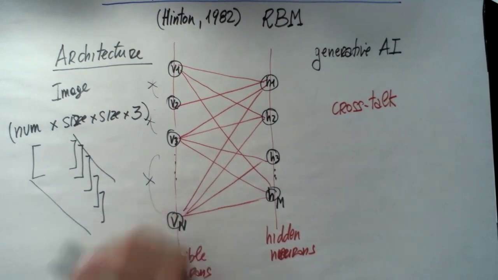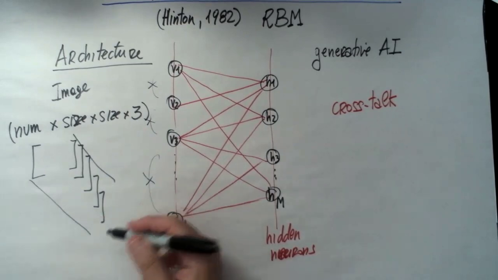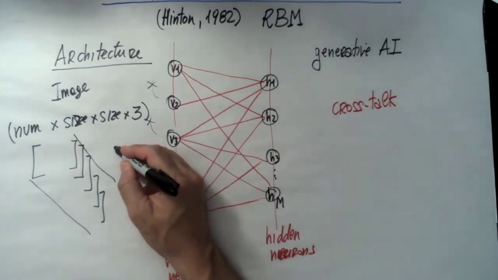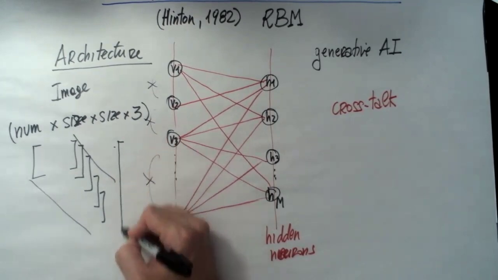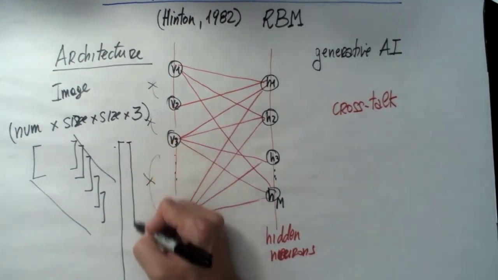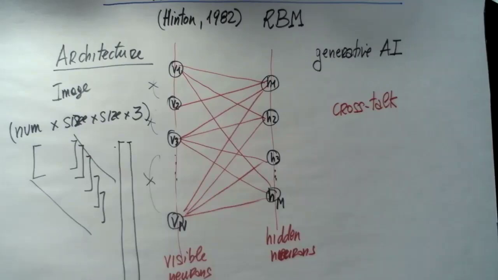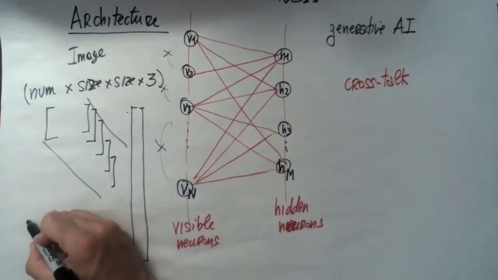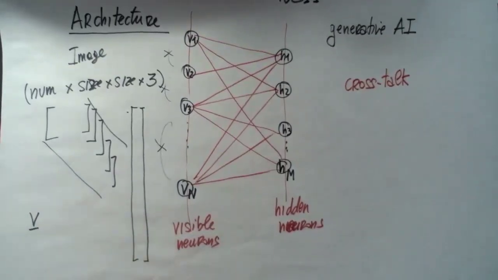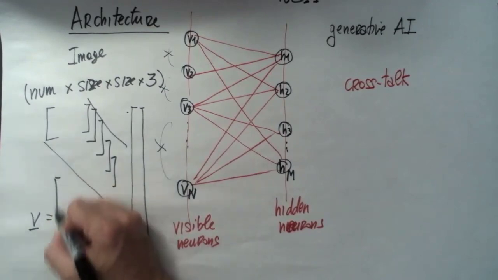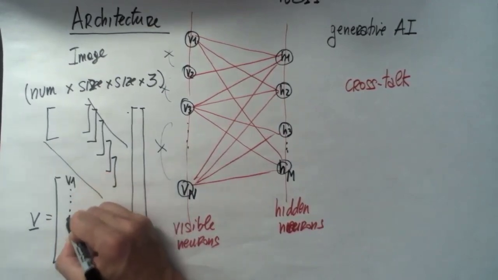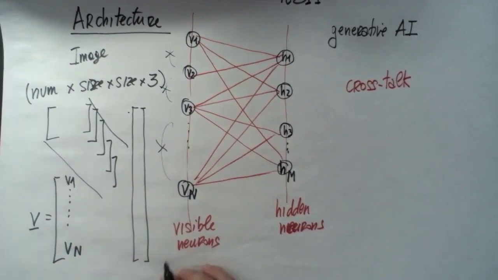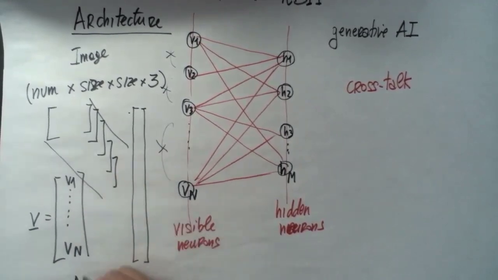and each image is then reshaped as a huge long vector of visible neurons, V1 to Vn. And what is the size of n?